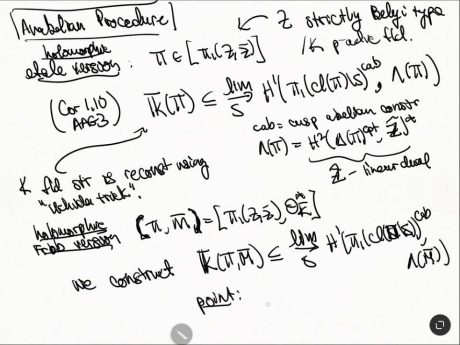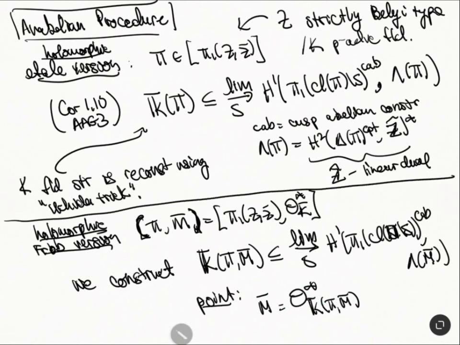So the point is that m star will actually be equal to O k bar pi m bar. So this will be this monoid in this interpretation. These are the two things that we have here, and then we're going to have a comparison between these two constructions, which we'll call the Mochizuki-Kummer map.